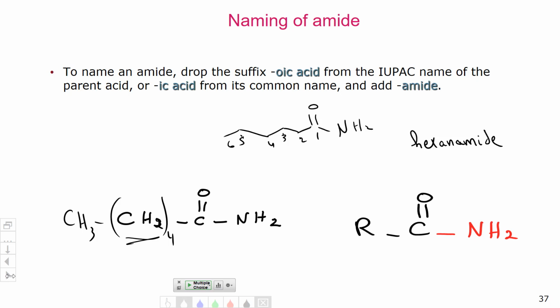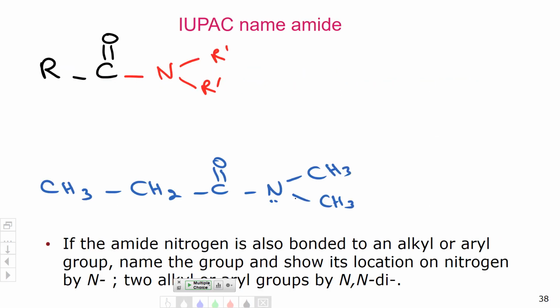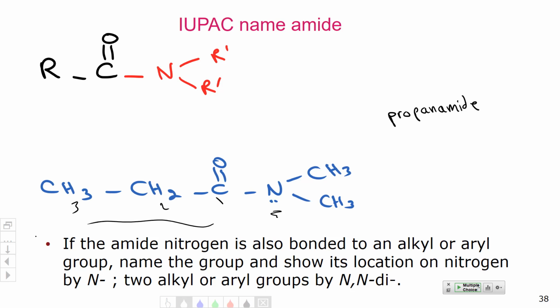Now, there will be cases like this one, where the nitrogen of the amide has substituents. First of all, name it as if it is a carboxylic acid, and if it is propanoic, I'm going to put propanamide. Now, if I say dimethyl, it wouldn't be clear to the person reading it whether the methyls are connected to the nitrogen or to this part of the molecule.